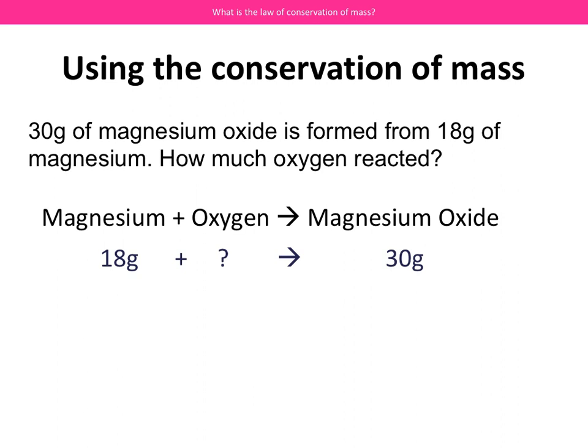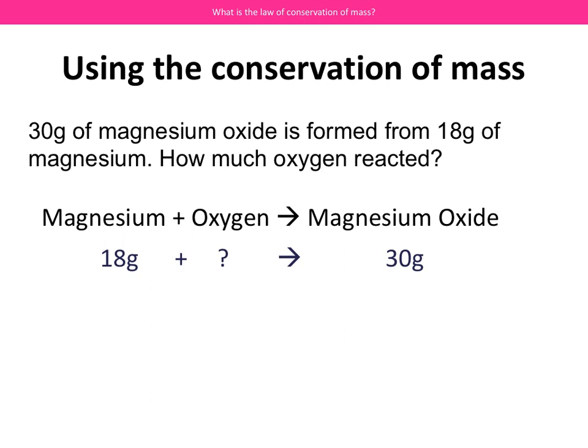So sometimes questions will rely on our understanding of the conservation of mass to have us work out how much of a reactant or a product was either used or formed. So this is just a quite simple and straightforward example. We've got 30 grams of magnesium oxide being formed. We started with 18 grams of magnesium, so how much oxygen reacted?